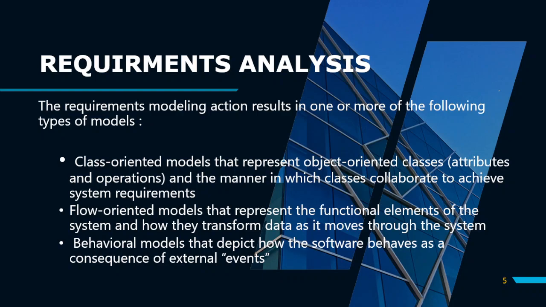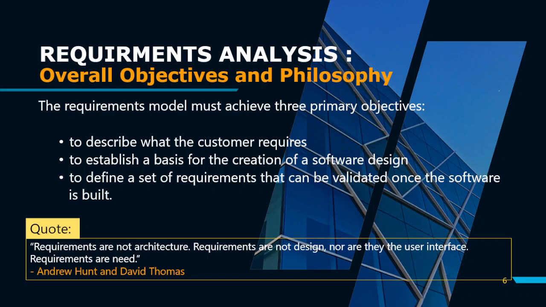Coming to the overall objectives of requirements analysis, the requirements model should achieve these primary objectives. First, it should describe what the customer requires. Second, it should establish a basis for the creation of software design, which is the primary source for creating the software.